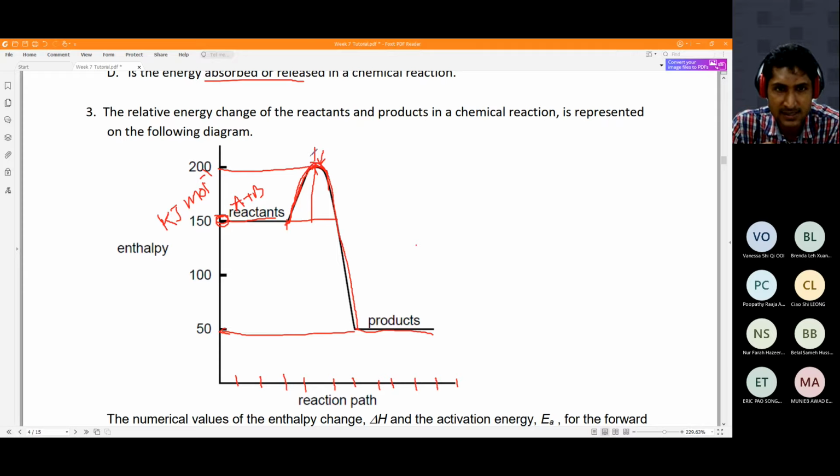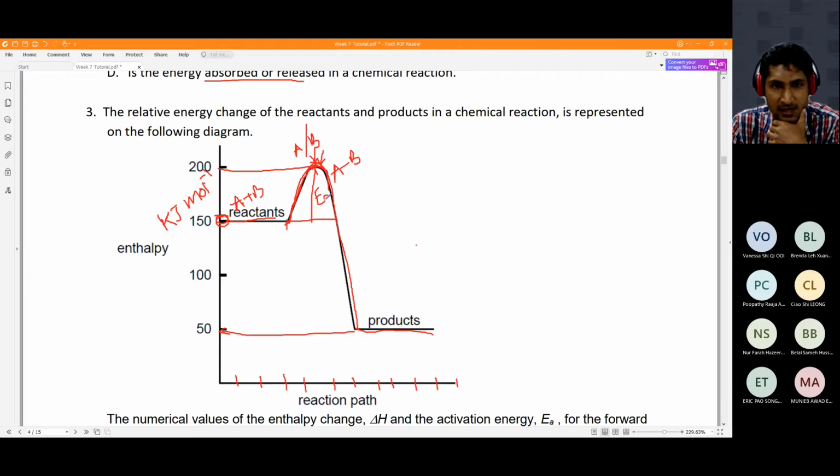At this point, still they are A and B. They are colliding with each other, but only after they cross over that point do A and B start to form a bond, just for example. So the barrier they have to overcome is the activation energy.